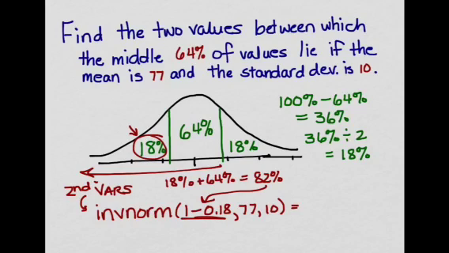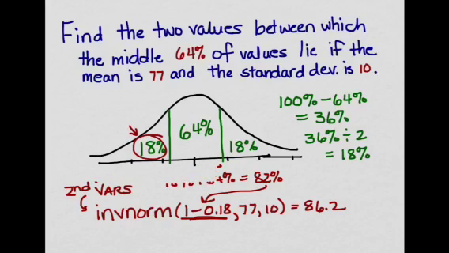Notice that if I type this into the calculator, I'm not even finding the 0.82. That's not really necessary. The calculator will do that subtraction for you. And when we do that, we get 86.2. And that's rounded to the nearest tenth of a decimal place. So that's how you would find the boundary values there.